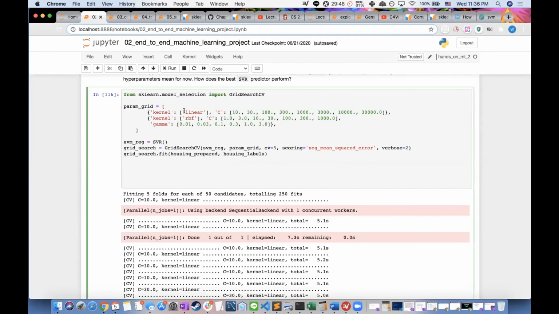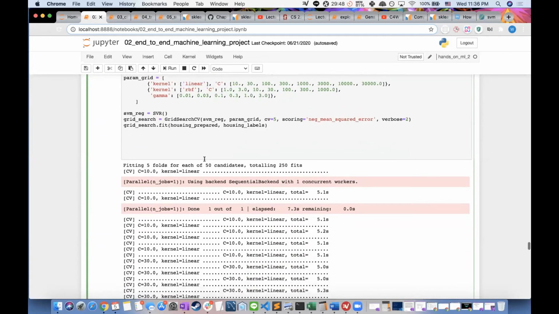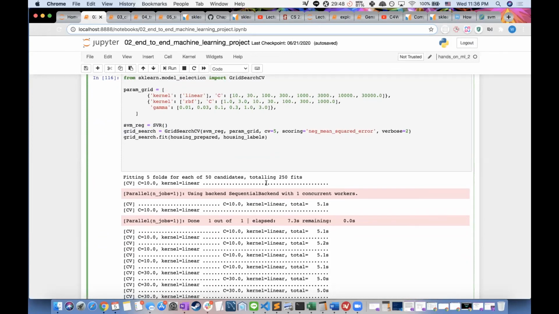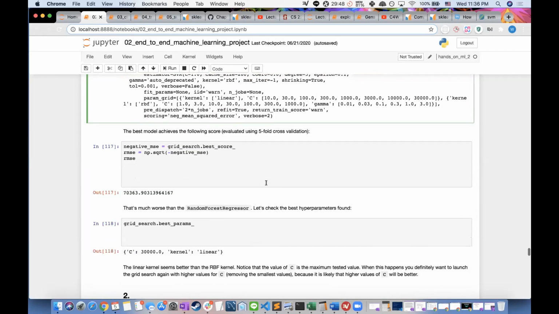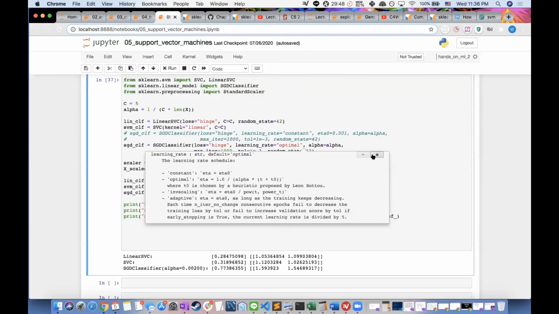You can do linear, RBF. You can do C. You can do gamma. I'm sure you can do learning rates as well. And you just call grid search CV, and you just instantiate it as here and you feed it in. That's it. Okay, that's great.